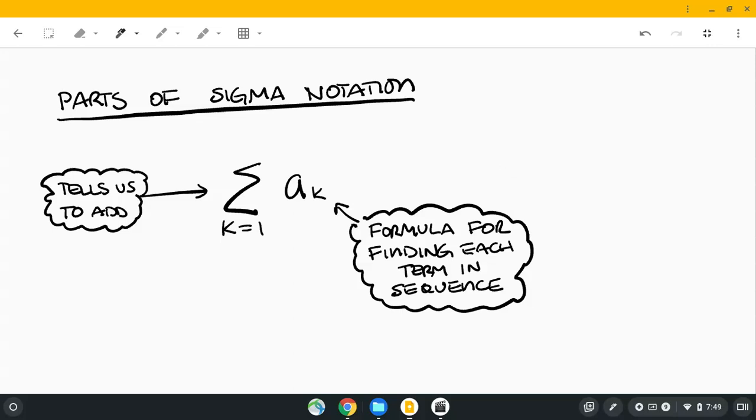So I'm going to go ahead and I won't put a 1 there. Oftentimes it starts with 1. I'm going to put an i there because it doesn't have to start with 1. Here, this tells us which term to start with.